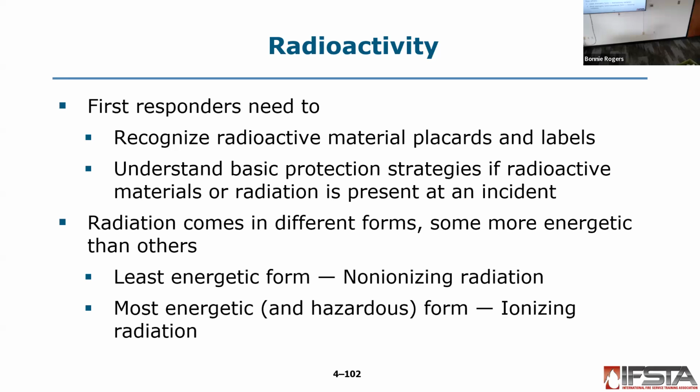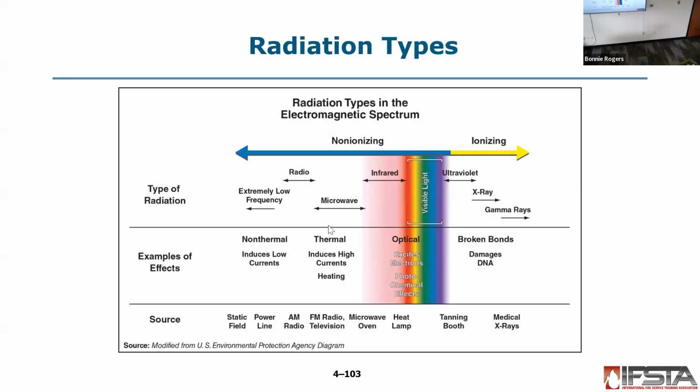We've got non-ionizing radiation and ionizing radiation. Non-ionizing is the least energetic form, whereas ionizing is the most energetic and therefore the most hazardous. This is in your book on page 148.